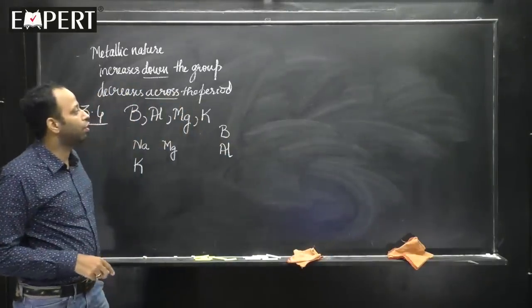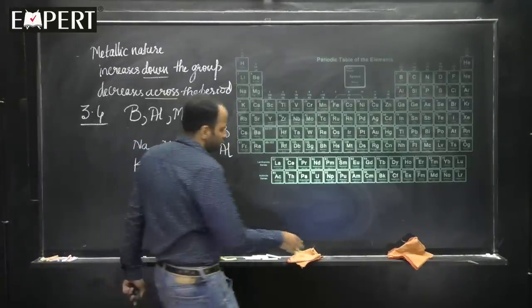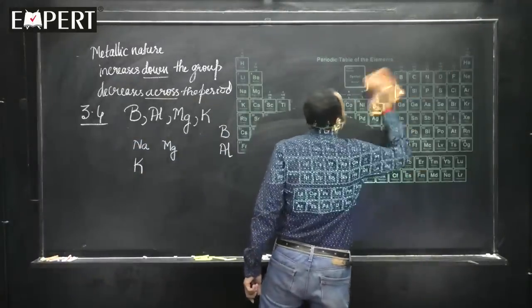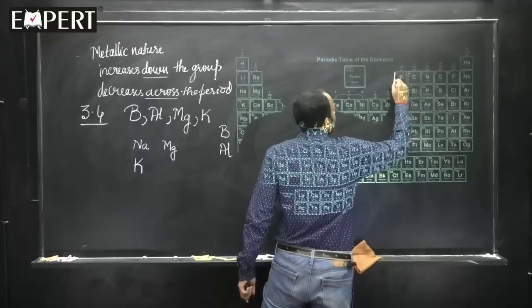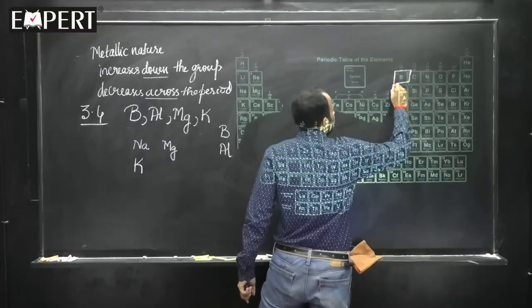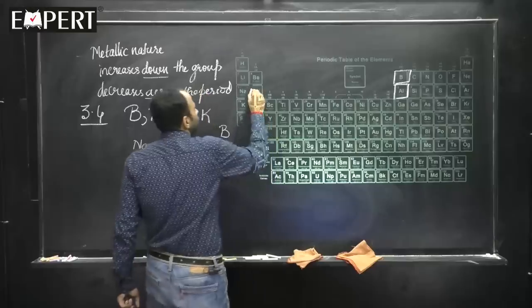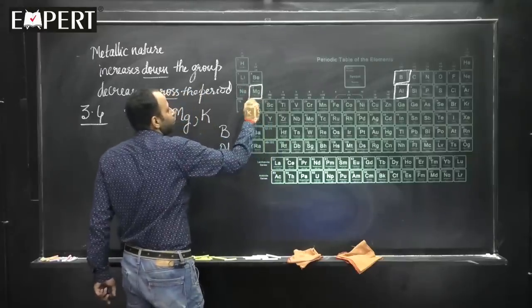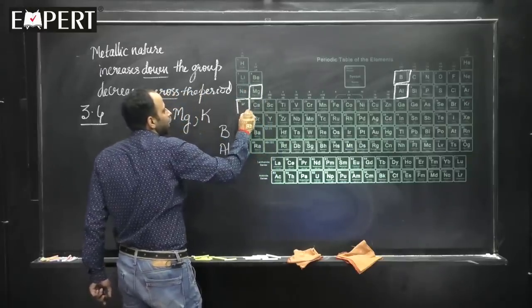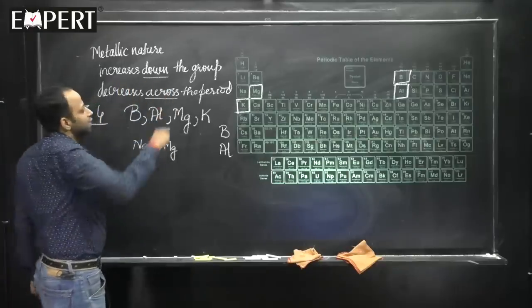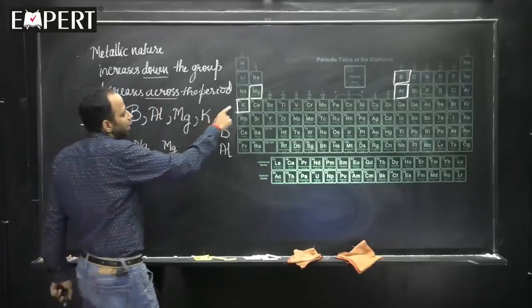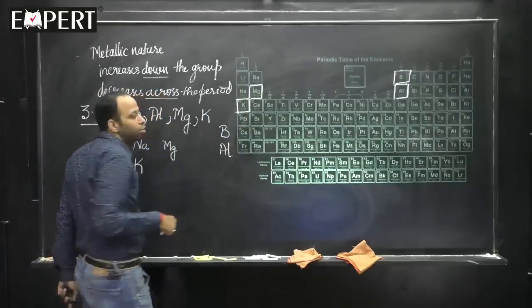So if you go for the periodic table, you have boron the same, aluminium below it, then you have magnesium on the left of it, and potassium again left and below. So what does the rule tell us? Increases down the group. So if you see here, which is the most down compared here?